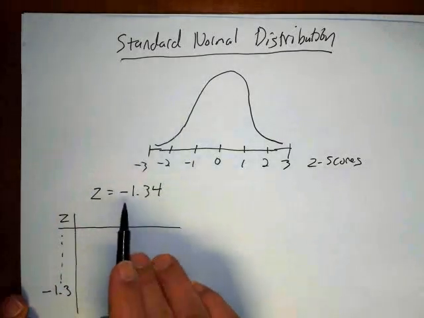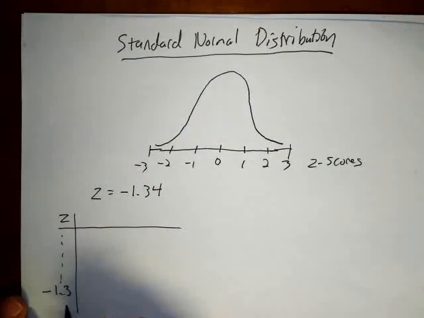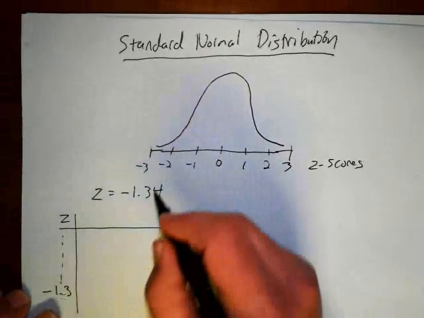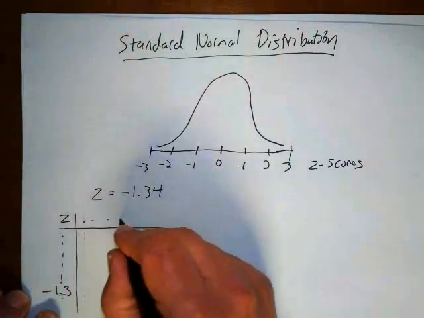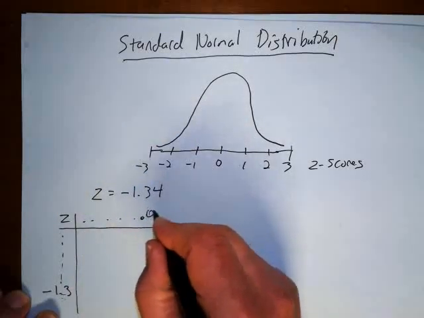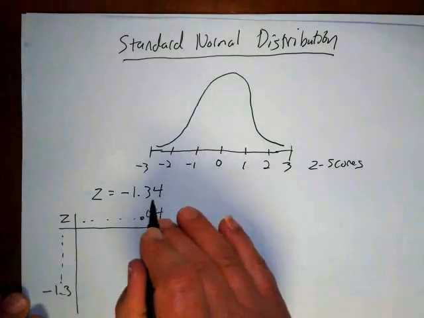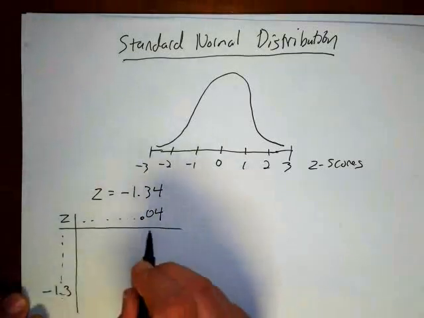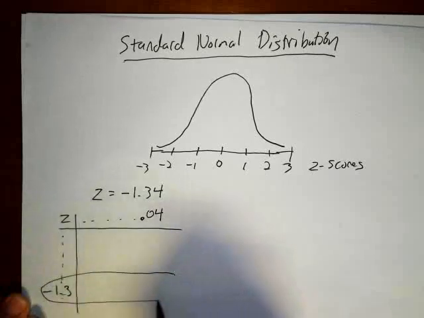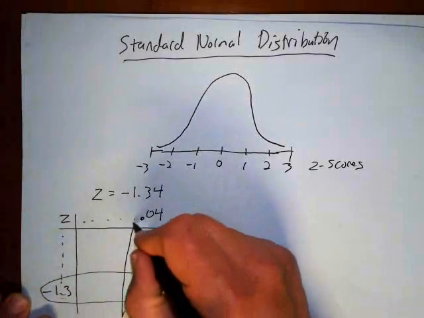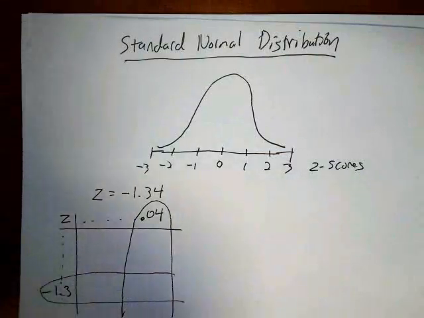What you're doing is looking up the ones place and the tenths place in this column, and then the hundredths place, that 4 there, you're going to look up across the top, and you're going to find 0.04 standing for four hundredths. So where this row and this column intersect, you're going to get a 4-digit decimal number.